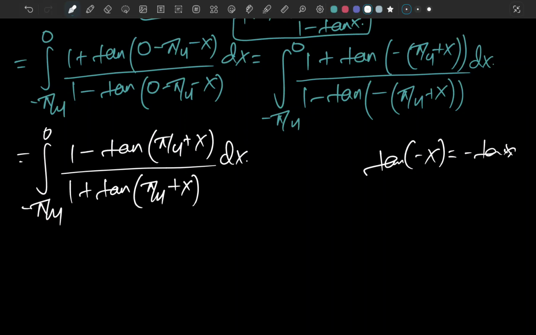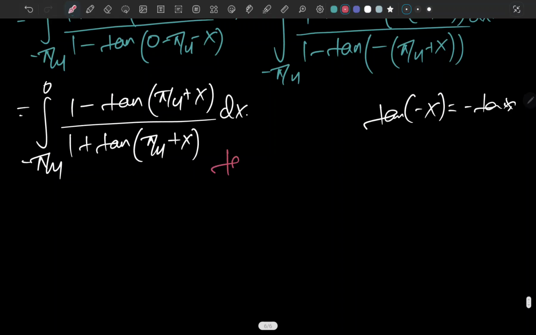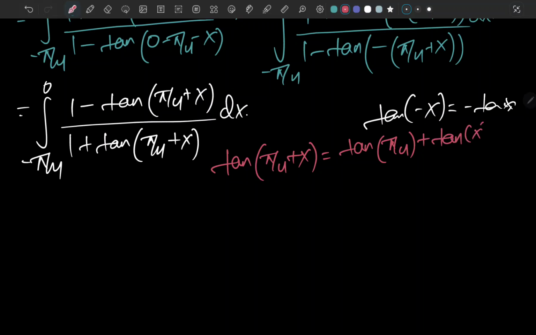And I think we are going to just expand tangent of pi over 4 plus x. How are we going to do that? Obviously there is a formula for that, that says tangent of pi over 4 plus tangent of x over 1 minus tangent of pi over 4 times tangent of x.